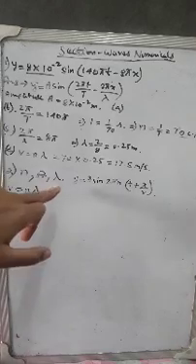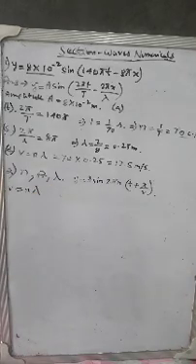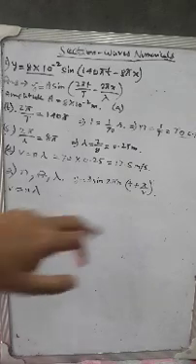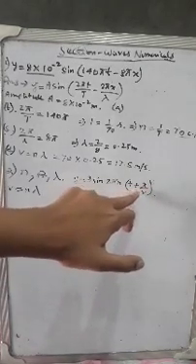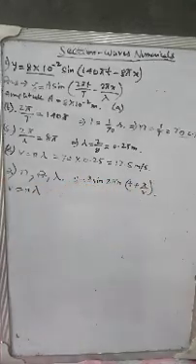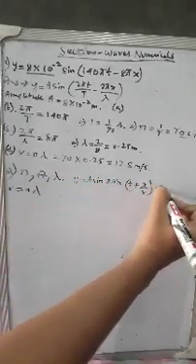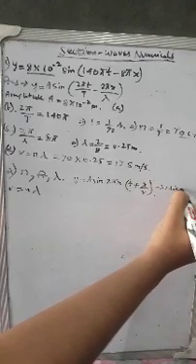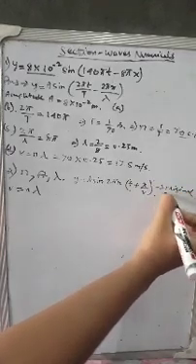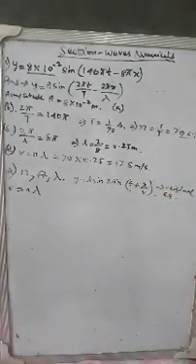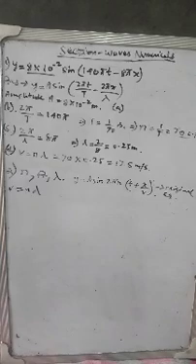Because the lambda value is already given in the question. And your x and t, the two parameters in our original equation, are in terms of meter and second.